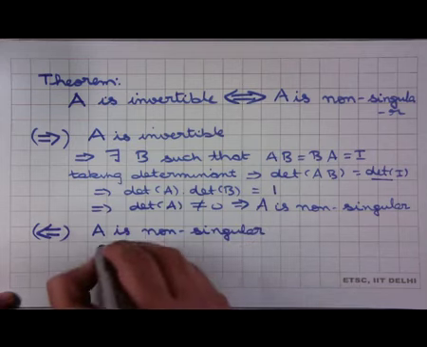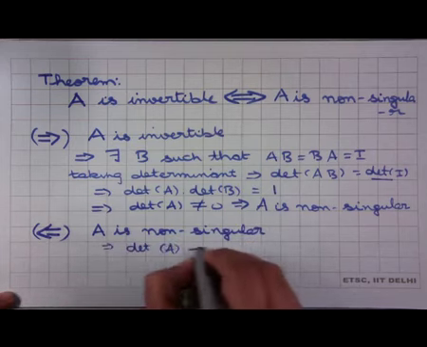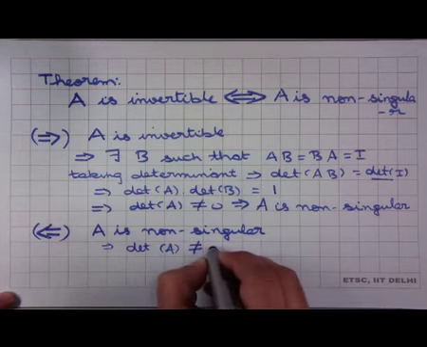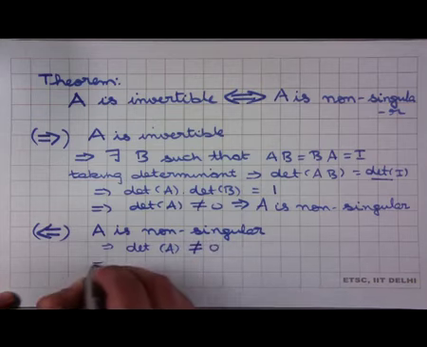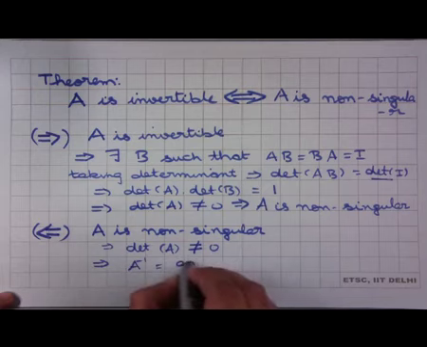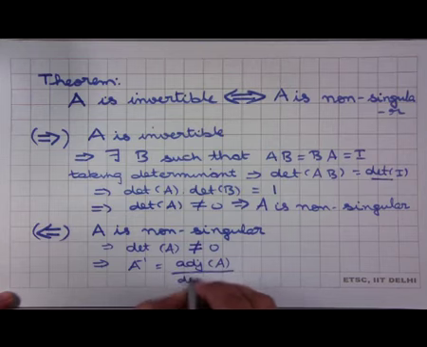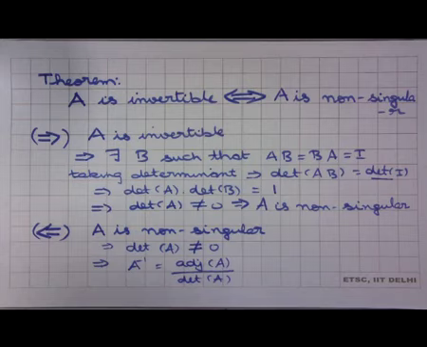This means by definition the determinant of A is not 0, which means we can define A inverse as the adjoint of A divided by the determinant of A, and this, as we have seen, satisfies the properties required of the matrix inverse, and therefore A is invertible.